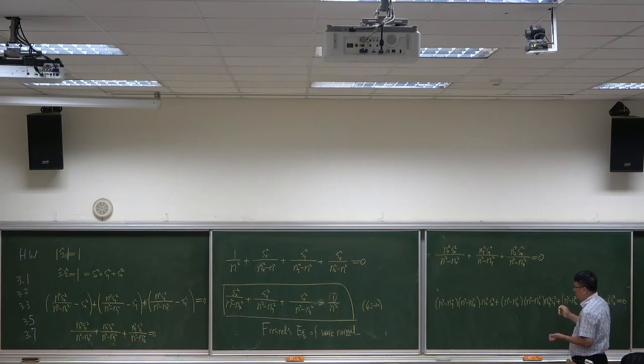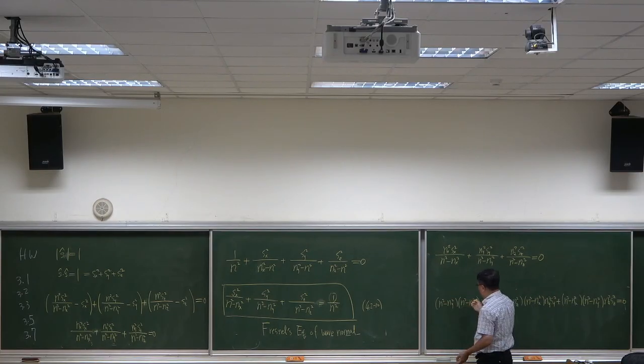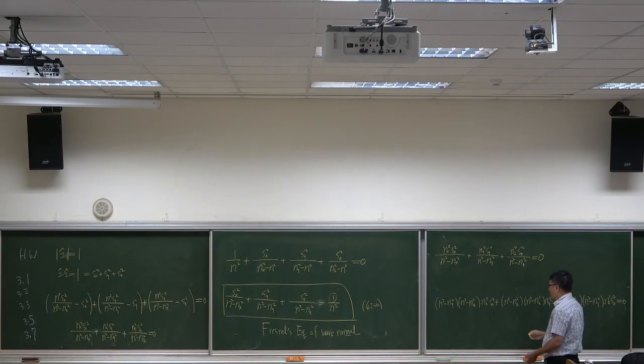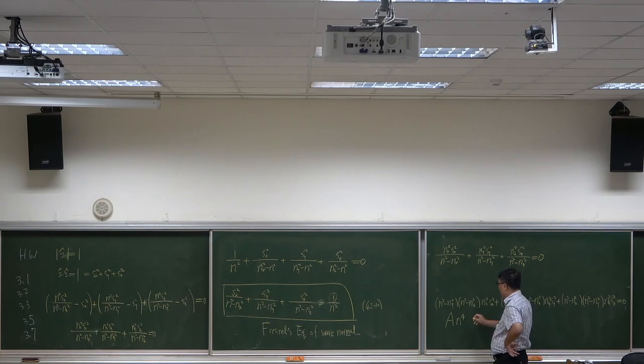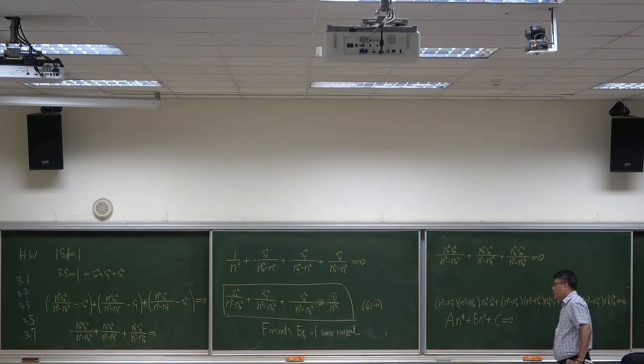Simple observation tells you that the equation is a fourth power equation, which has the form a n to the fourth power plus b n squared plus c equal to 0.